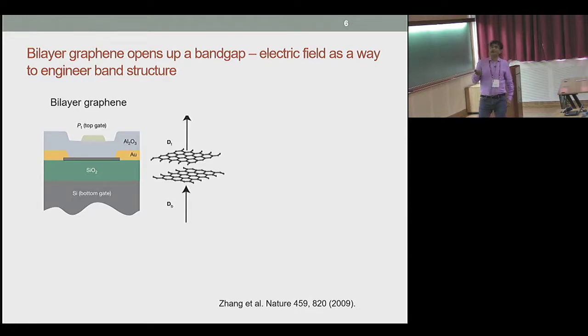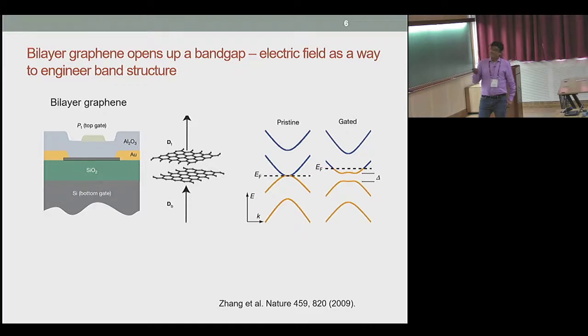If you look at simple bilayer graphene, these are older studies on bilayer graphene. Pristine bilayer graphene is a semi-metal with a quadratic dispersion.